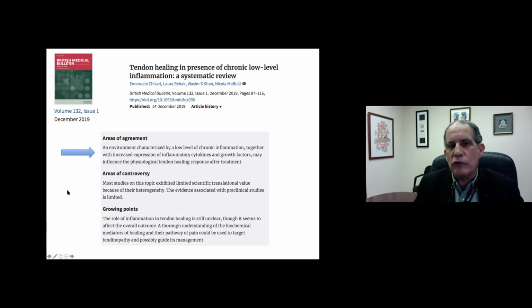This group of investigators, including our colleague Nicola Maffulli and the others, have argued that there is an inflammatory reaction early in the process, increased expression of inflammatory cytokines and growth factors that may influence this healing response. And what they argue is that if this reaction fails and the tissue does not heal, that's what they call failed healing response. And that is really what leads to tendinopathy. So I think we have to examine this idea that there is no inflammation and be more careful about it.